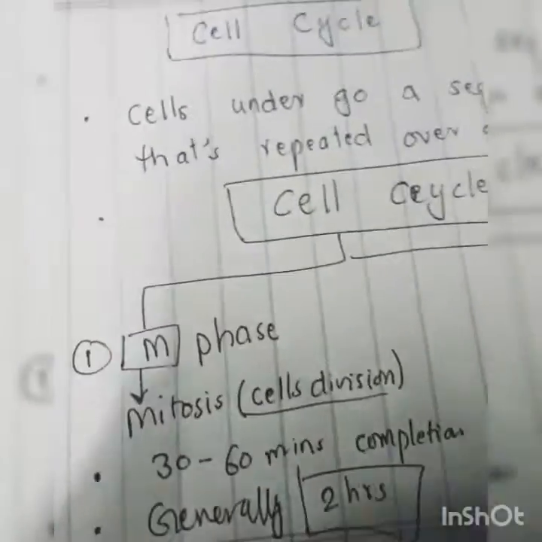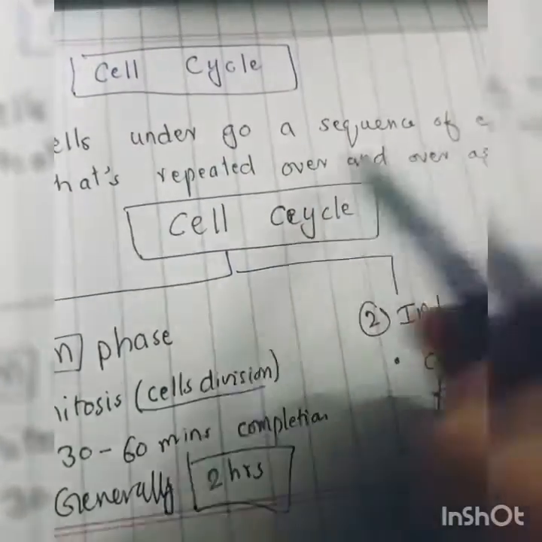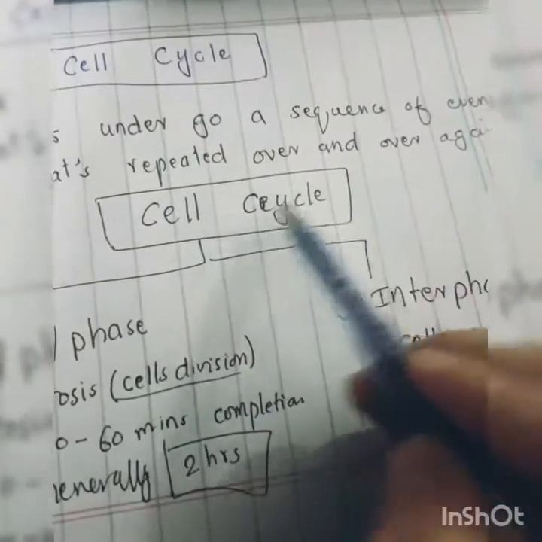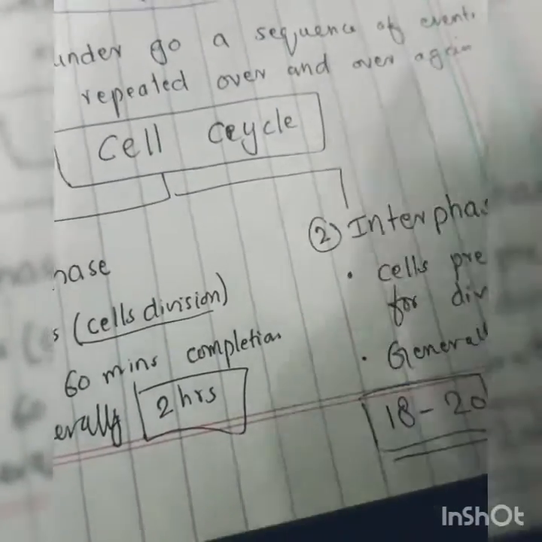So this is all about the cell cycle. Let's repeat it quickly. Cells undergo a sequence of events that's repeated over and over again. It's called cell cycle. We need it to make new cells, because old cells may be worn out or damaged due to injury.